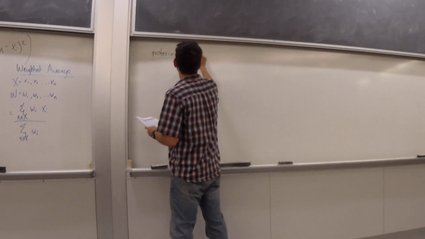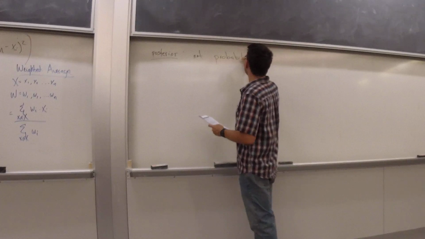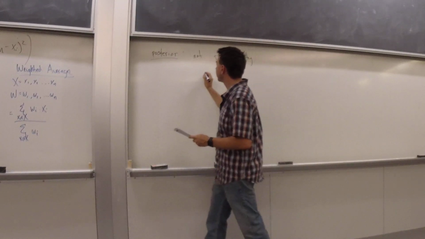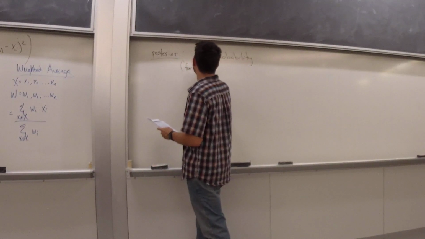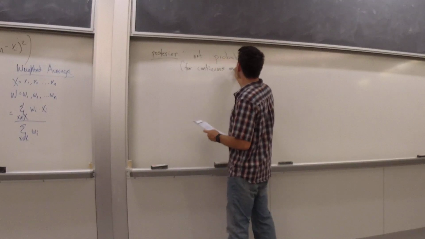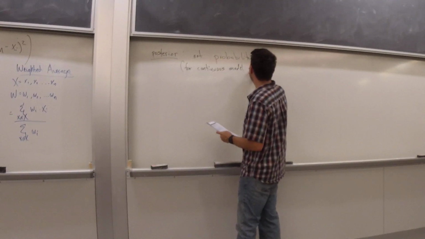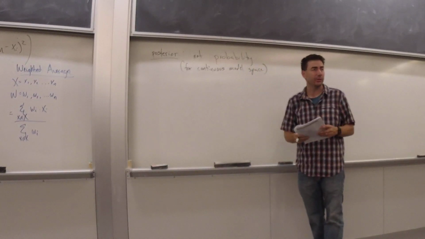The posterior is not a probability if the model space is continuous, right? Because then I have a continuous random variable.